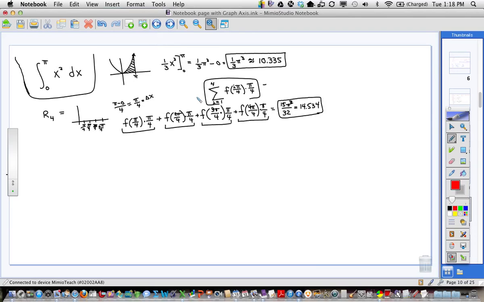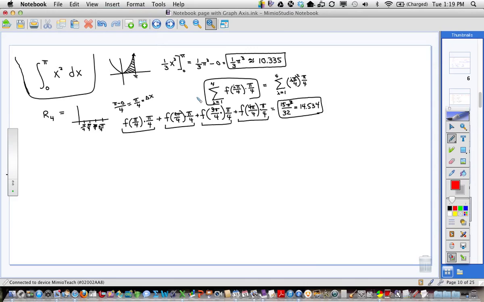In other words, we could take the next step. On this sigma, right where it says f of i pi over 4, we could take i pi over 4 and actually plug it into the function, which means you get i pi over 4 squared. You don't have to write this part down if you don't want to. Not crucial right here. But we can take i pi over 4 and plug it into the function x squared.